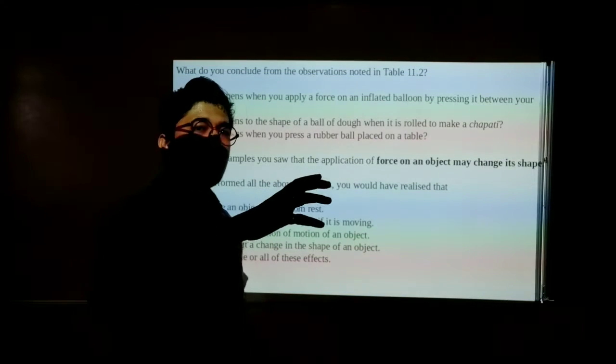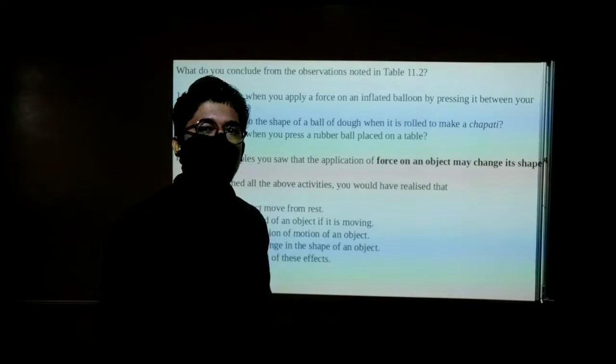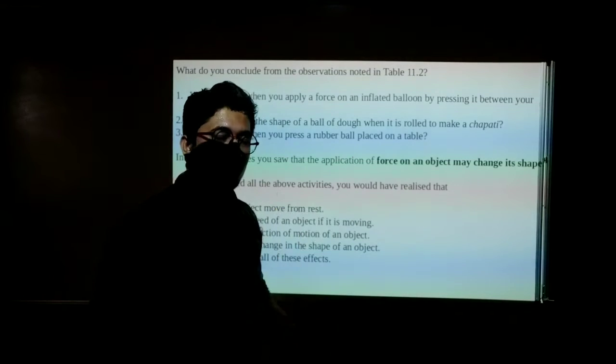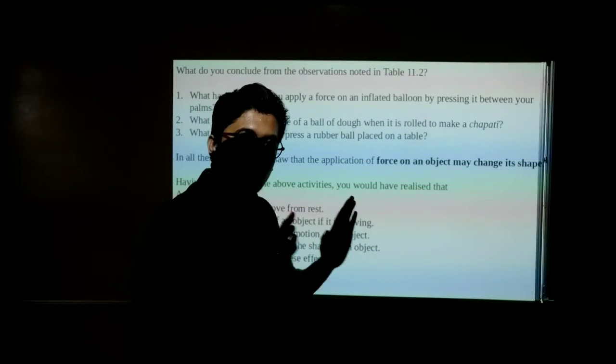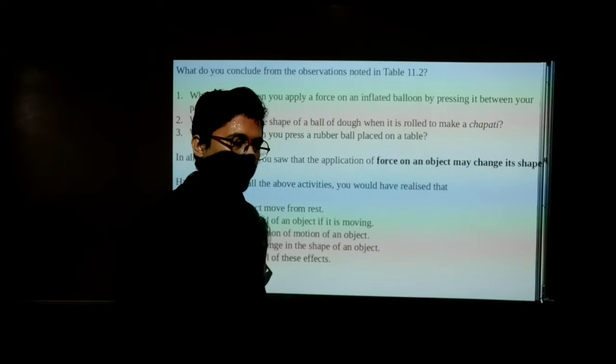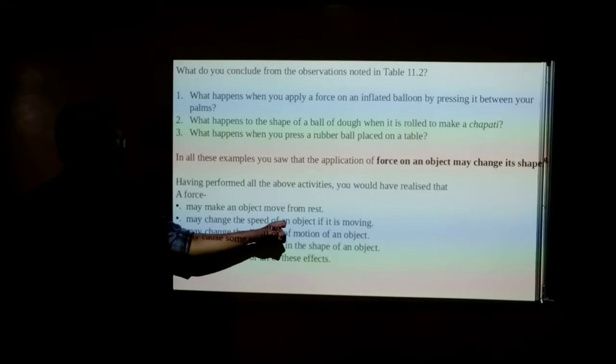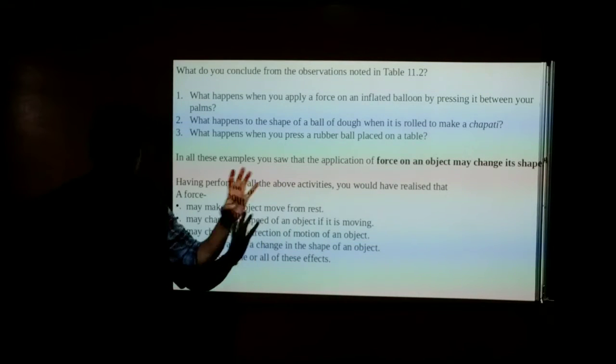Suppose an object is at rest, after applying a force, it will start moving, as we have seen in the previous example of pushing a car. After applying a force, you are moving a stationary car to some velocity. Yes or no? Okay. A force may change the speed of an object if it is moving.